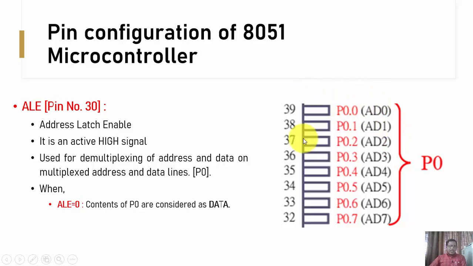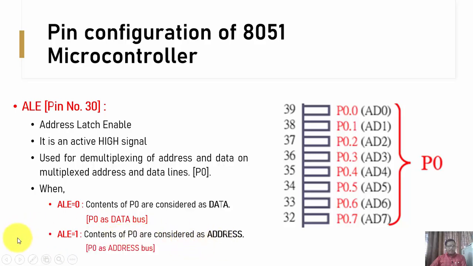When the status of this ALE pin is 0, port P0 works as a data bus, and whatever content is present on port P0 is treated as data. Whereas if we make ALE equal to 1, the contents present on port P0 are treated as an address, meaning port P0 works as an address bus. In this way, this ALE pin is used.